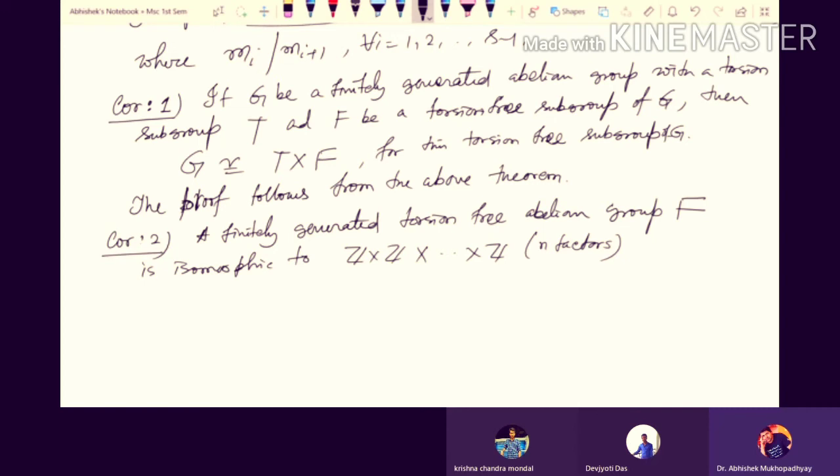Okay, no, n is the number of elements in the generating set, sorry, but this number is unique.